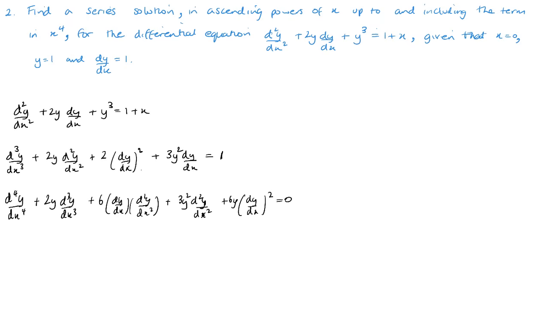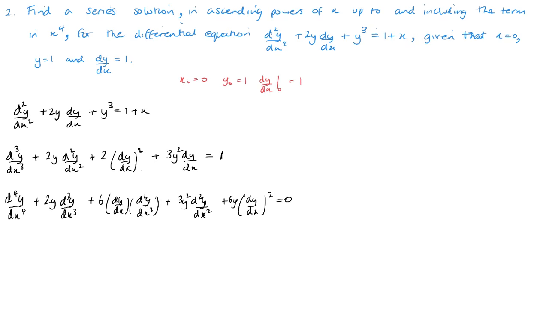Okay, now I've got my three values that I need to work out. What I'm going to be doing is substituting x0 equals 0, y0 equals 1, and dy by dx when x is 0 equals 1, and I'm going to substitute these into each of my equations.